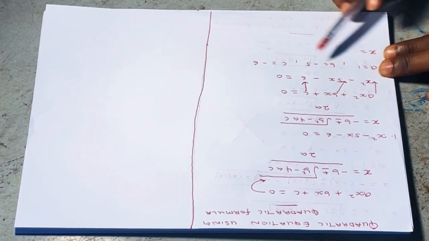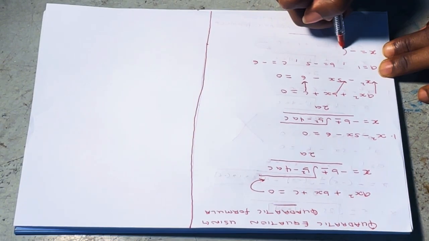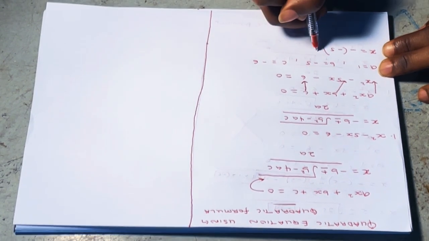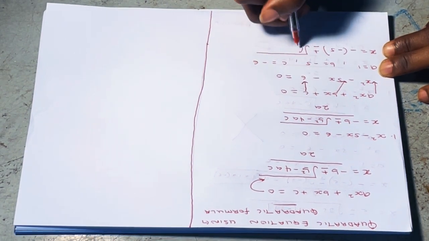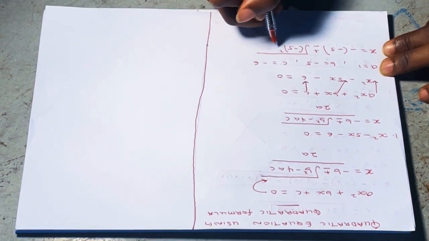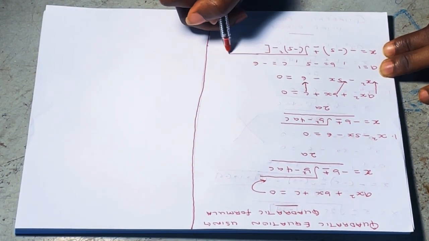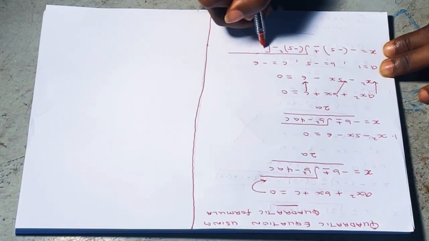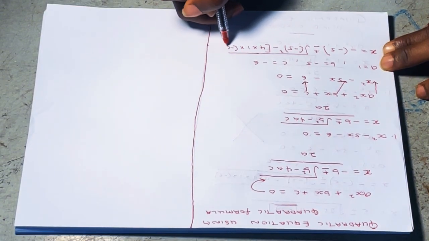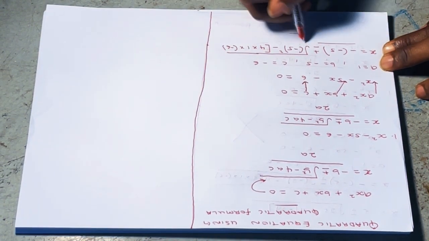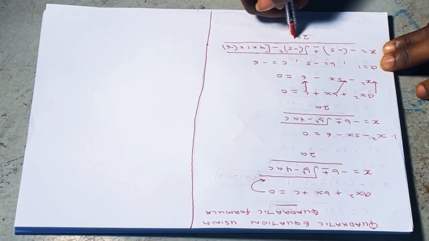Your b here is minus 5, and we have minus before it, so it will now be minus into bracket minus 5, plus or minus root, you have b square, so it will be minus 5 square, then minus into bracket 4ac, which is 4 times your a which is 1, then times your c which is minus 6, then all over your 2a, your a is 1, so 2 times 1.